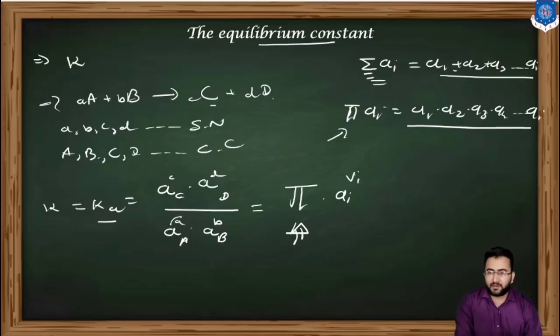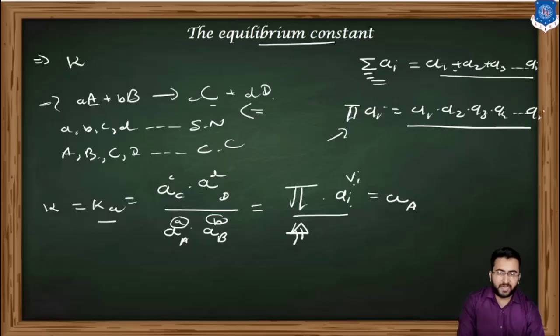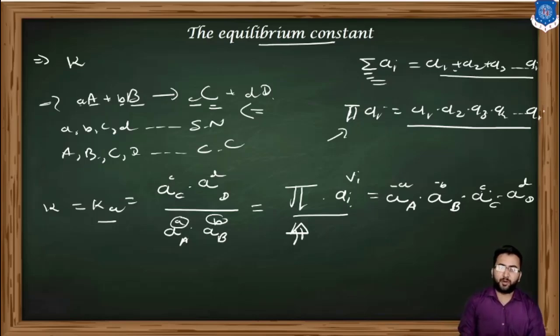Here this is our reactant. So if we write the product of ai raised to vi for this reaction, we get the activity of component A raised to the power of its stoichiometric number, which for a reactant becomes minus a, into the activity of component B raised to minus b, into the activity of component C raised to c, into the activity of component D raised to d. These last two are positive because the stoichiometric number is positive for the product and negative for the reactant.